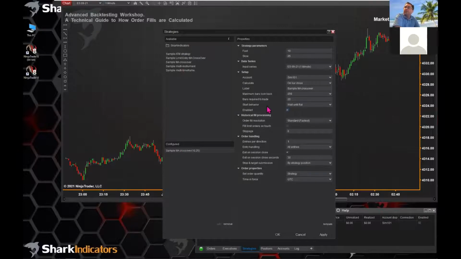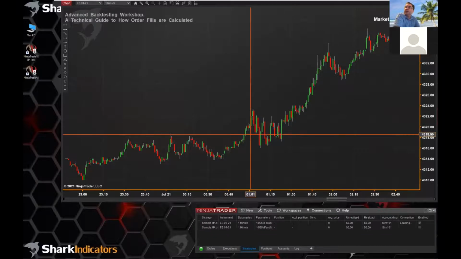So there's this safety feature here to make sure that you're consciously enabling that strategy. So, all right, and I'm going to put in 10 contracts here just to illustrate a problem that we'll get into later on here. So, right, once you get everything set up here, then you can just click OK.